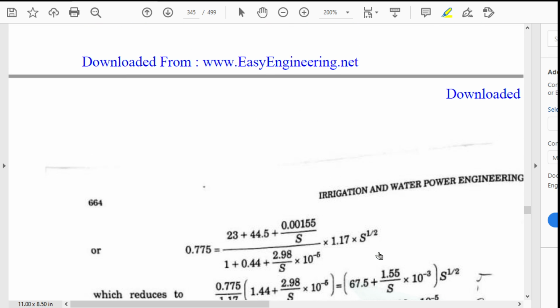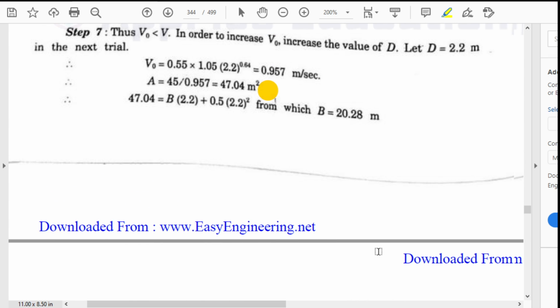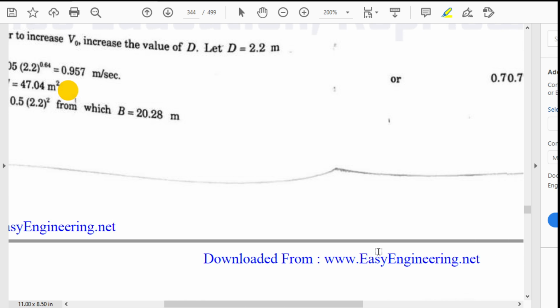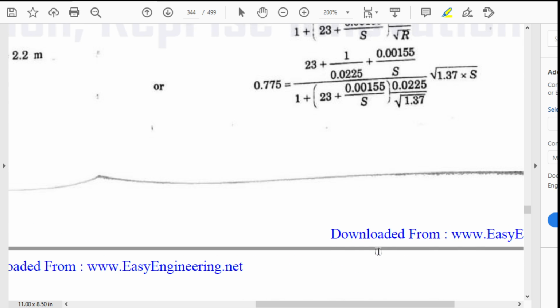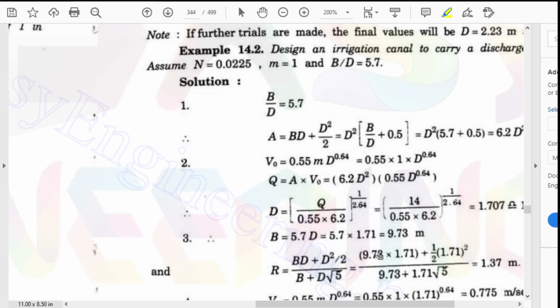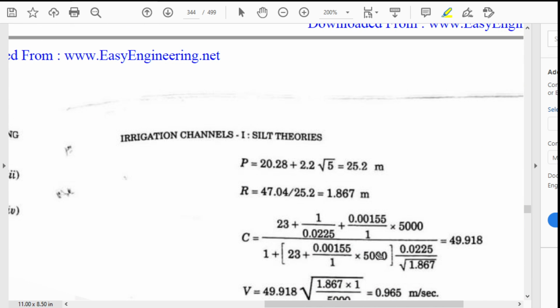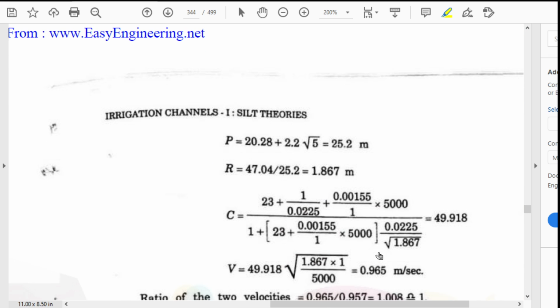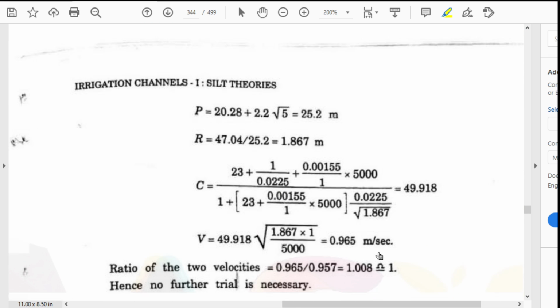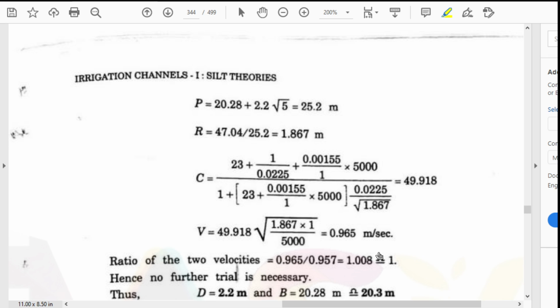Now we will move further to the next step, that is the fifth step. By using this B value, area value, Q value, you will find out the wetted perimeter.